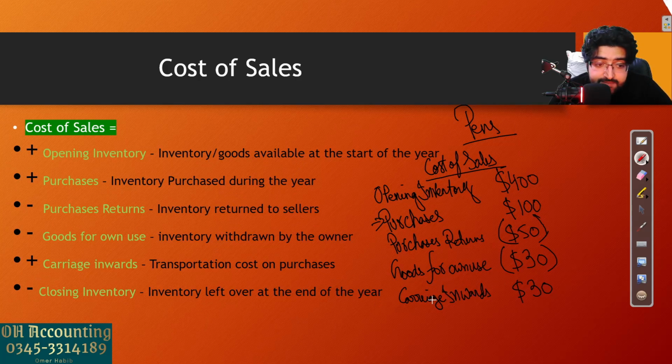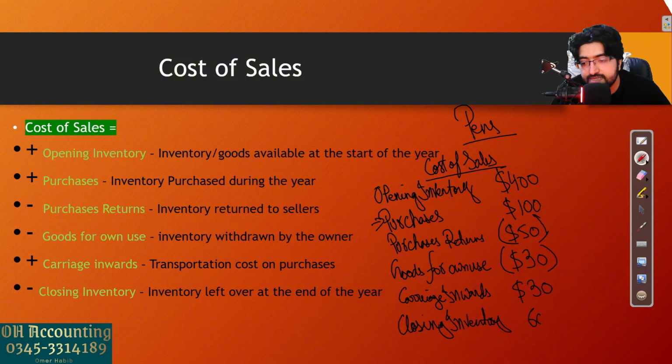And then finally, closing inventory. Okay, at the end of the year, I looked at my inventory and I figured out that inventory worth $60 is left over, unsold. So I cannot include this in cost of sales, right?